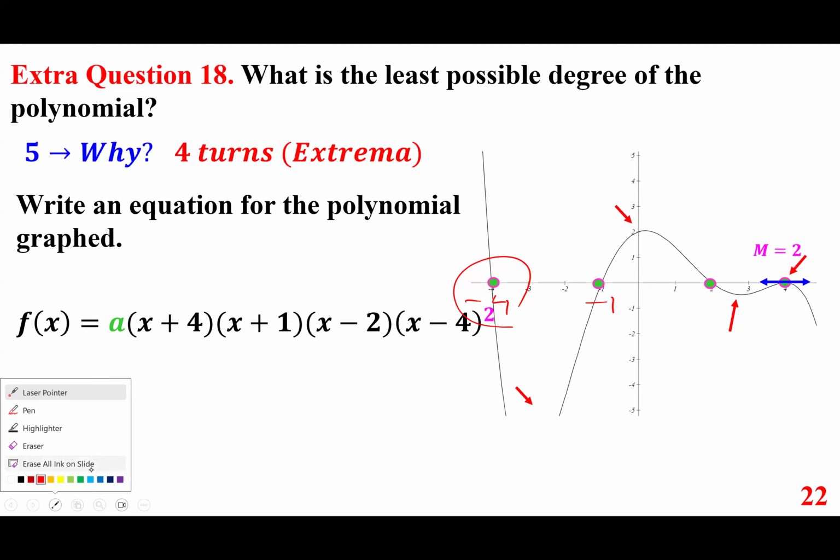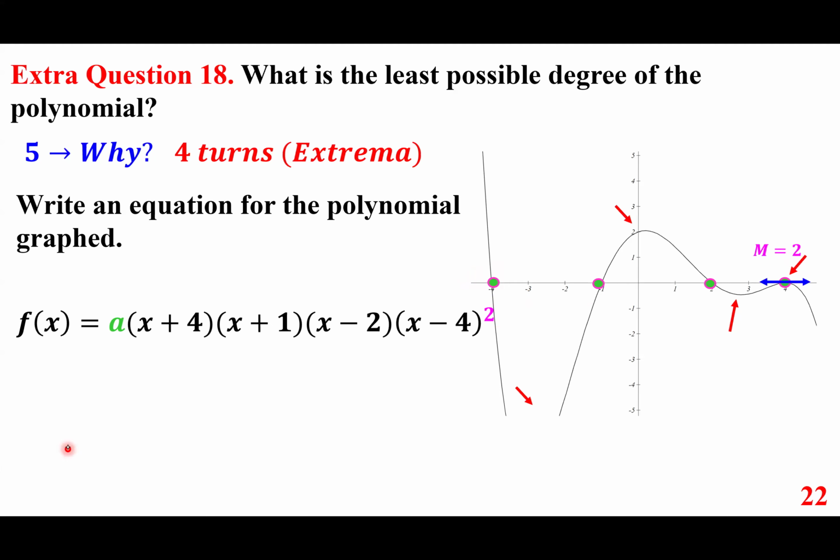Let me erase my one. Now let's go with an easy number. Obviously, the y-intercept is located at 0, 2, which means I'm going to replace the x with 0, and f of x with 2, and find the missing a. And this is 16.